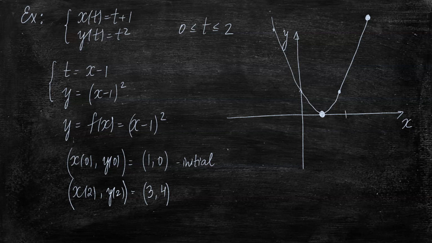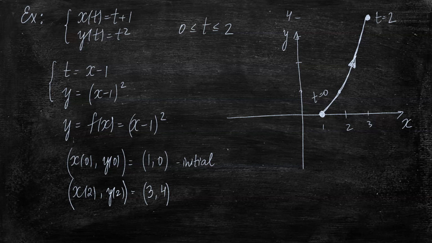So this is 1, 2, 3. This is 1, 2, 3, 4. So we don't need to graph the whole thing. We only need to graph this piece of the parabola. And one more thing we need to determine is the direction. So the direction here is clearly going this way. So we go from t equals 0 to t equals 2.